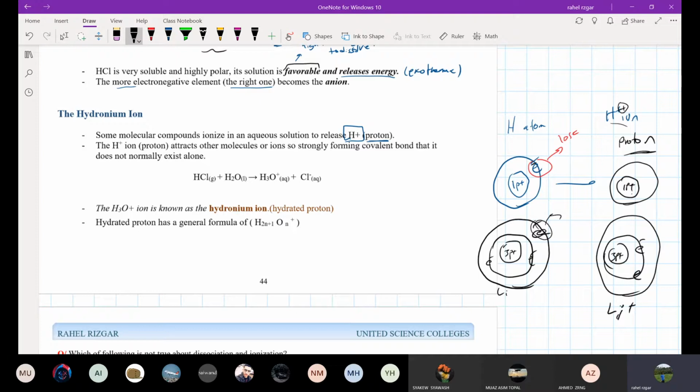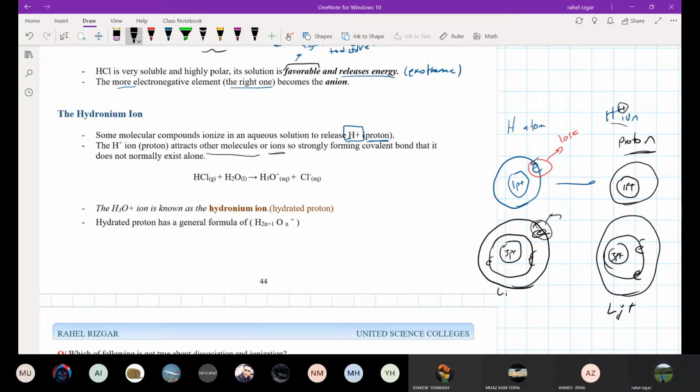The electron has been lost to Cl. Cl has taken the electron. Now, we learned that the hydrogen is a proton. And this hydrogen attracts other molecules. It can react very strongly with other molecules and other ions.